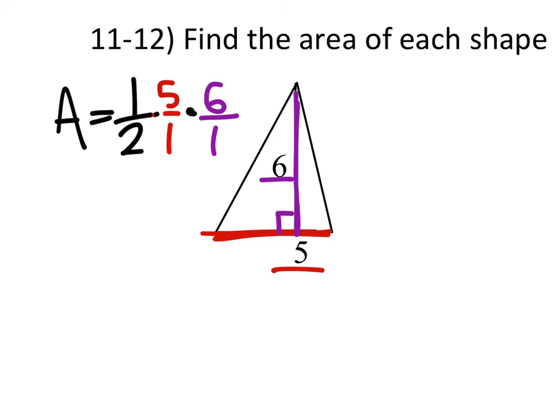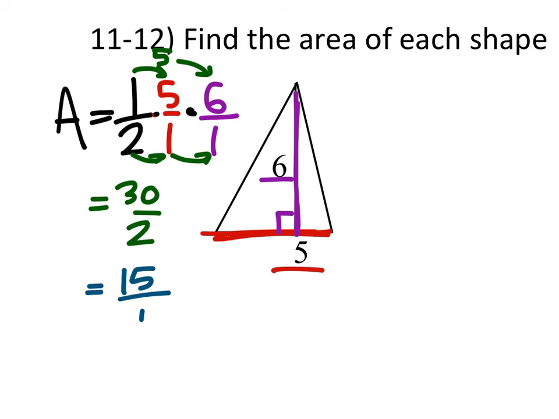So we got 3 fractions multiplied together. There's a lot of 1's involved. So if we wanted to, we could multiply these directly. 1 times 5 is 5, times 6 is 30. 2 times 1 is 2, times 1 is 2. So this, again, is really just 30 divided by 2, which, if we wanted to simplify it, divide both these by 2.